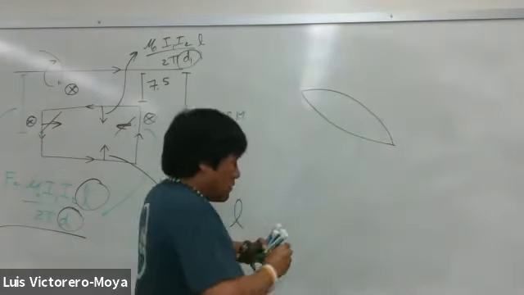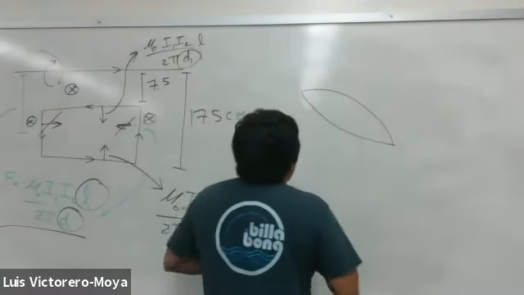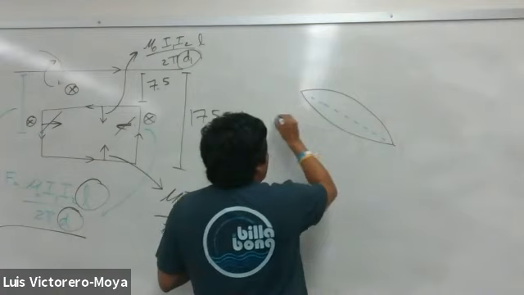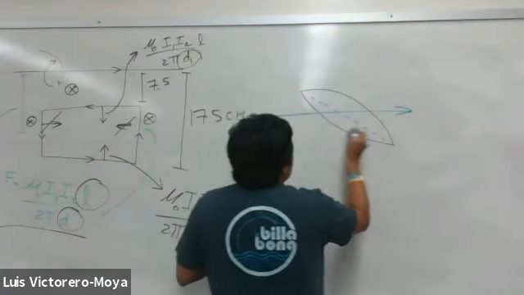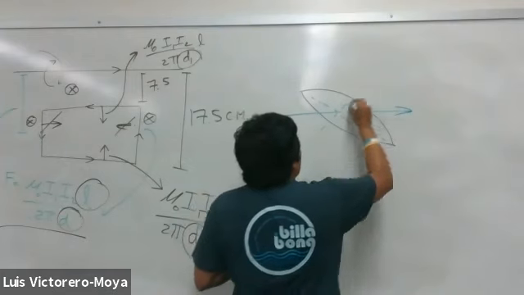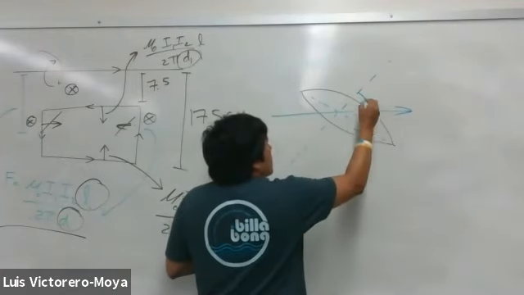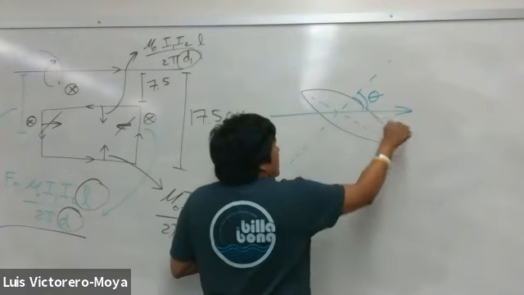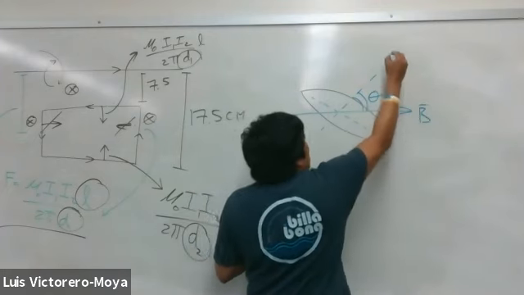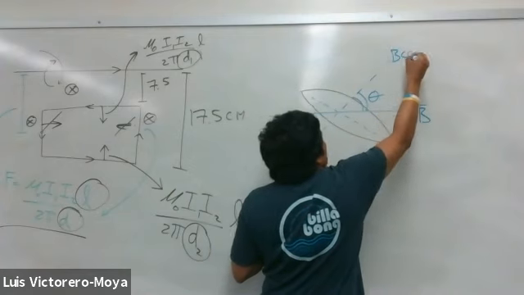And the field was going through at some angle theta. And I did say that if that happens, you just have to break the flux, right? Yeah, they gave you this as well. You have to break into it. So if this was B, you wanted to get B cosine theta.